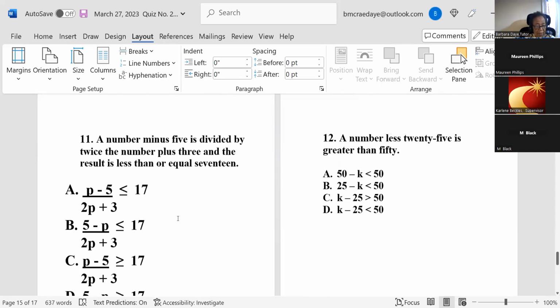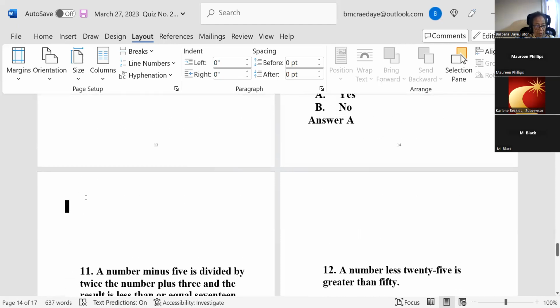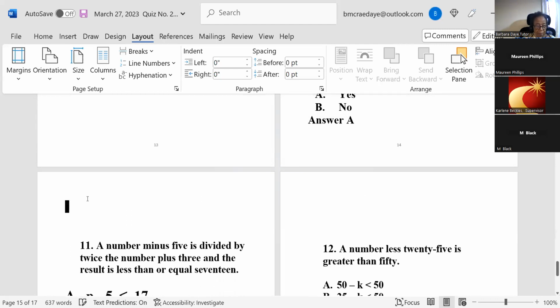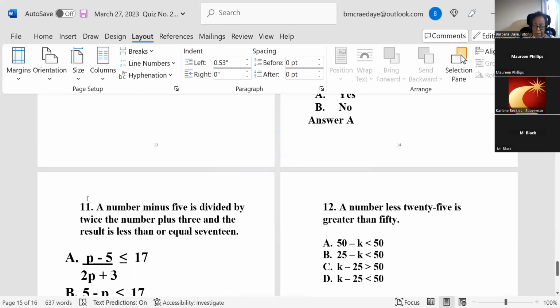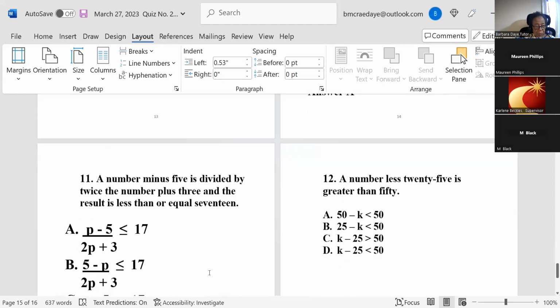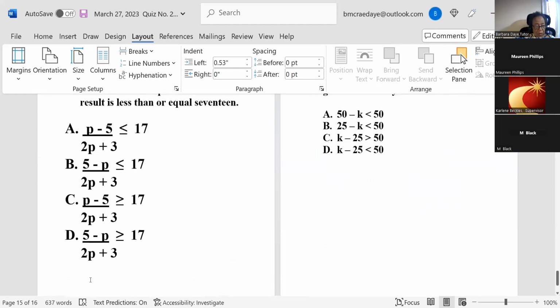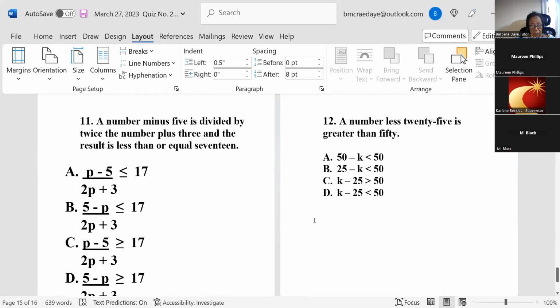So 11, let's go back up here. Maureen, you worked it out or you guessed? I worked it out. You worked it out. Good. What's the answer for 11? A. And what's the answer for 12? See. That's it.